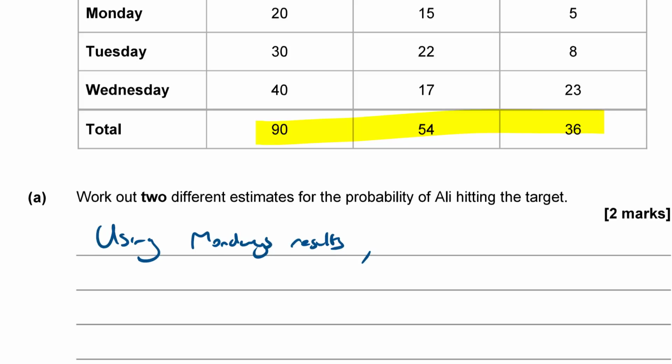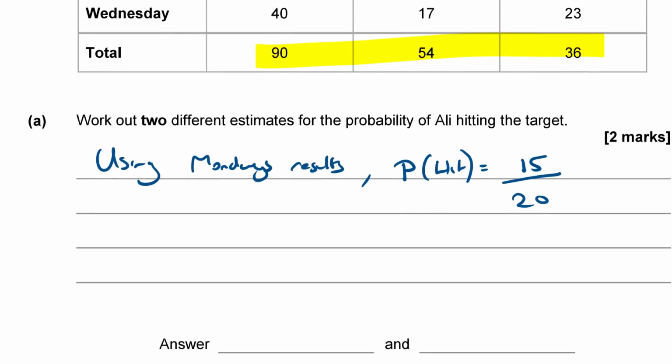Then our probability of a hit is going to be successful outcomes, which is 15 out of total outcomes, which is 20. So 15 out of 20.